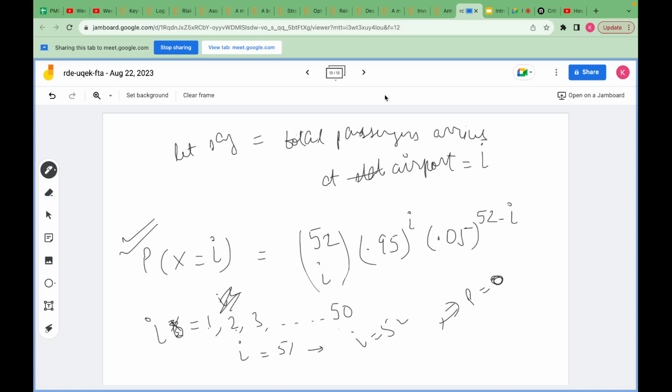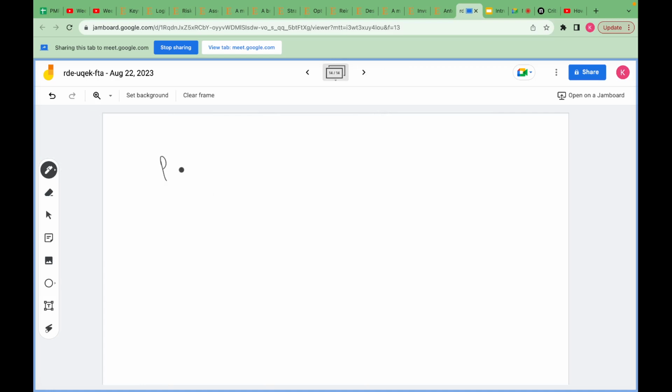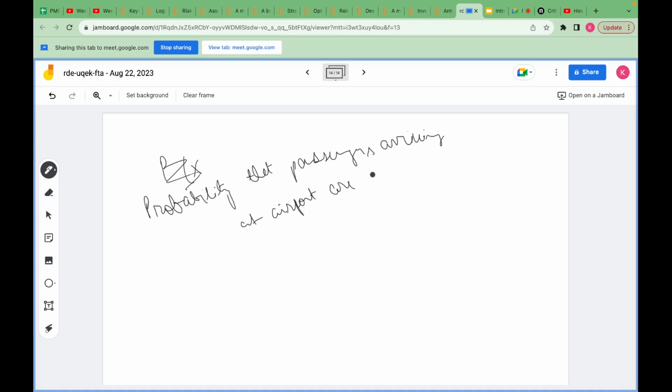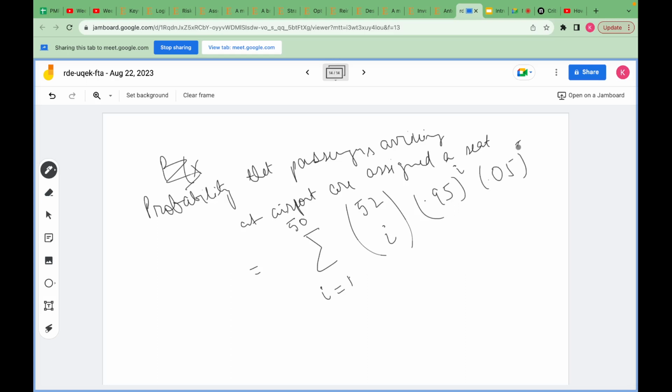So the total probability that passengers arriving at the airport are assigned a seat is equal to the summation of 52Ci times 0.95 to the power I into 0.05 to the power 52 minus I. Sorry, it is possible that no passenger will arrive, so I will be from 0 to 50.